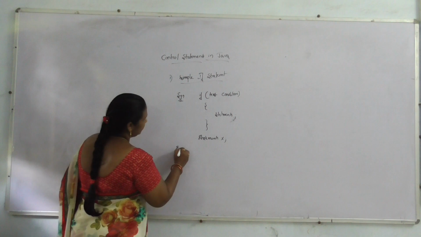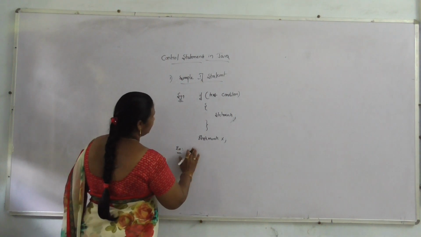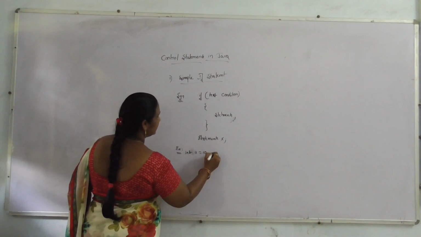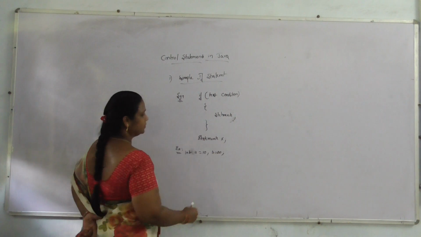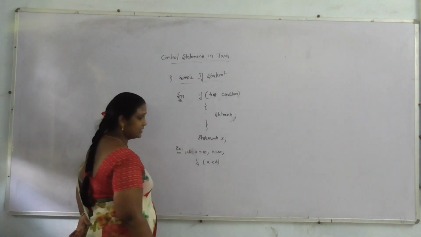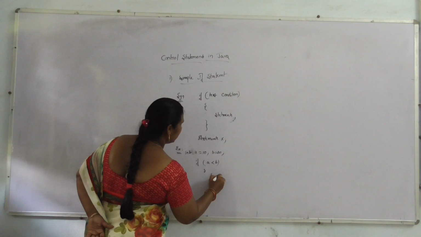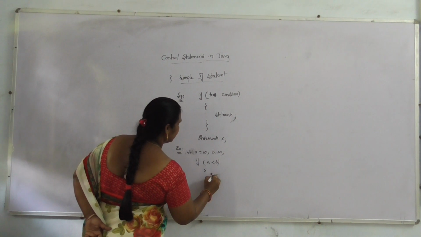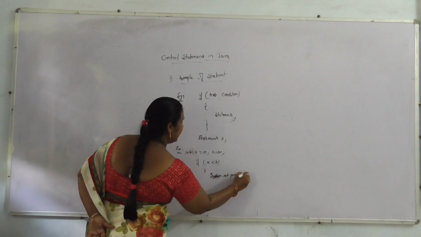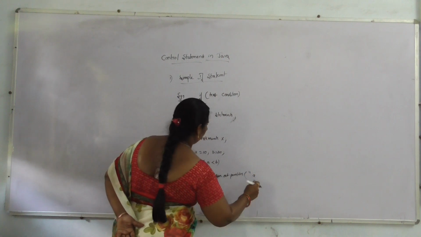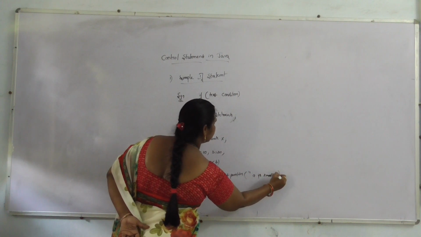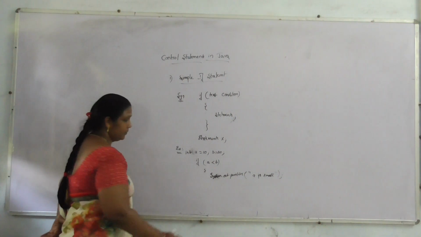For example, a equal to 10, b equal to 20. If a less than b, the statement is System.out.println("a is small").